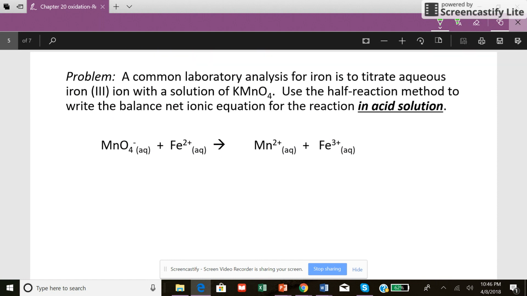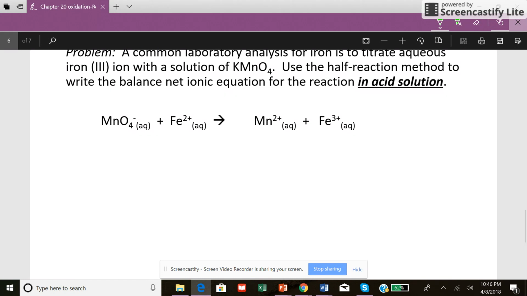Okay, so the next one is permanganate and iron. So what we'll do is we're going to look at the simple one first, Fe2 positive, and it becomes Fe3 positive. We'll add one electron over here, so mass and charge are balanced.